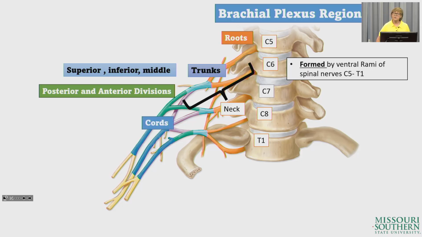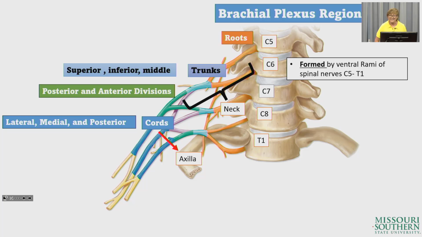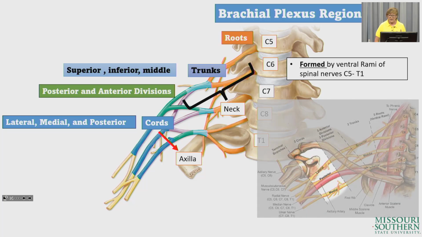Divisions join, forming cords. Three cords are formed: lateral, medial, and posterior, located in the axilla. Very important, the cords are located around the second part of the axillary artery and named based on the relationship to the axillary artery.